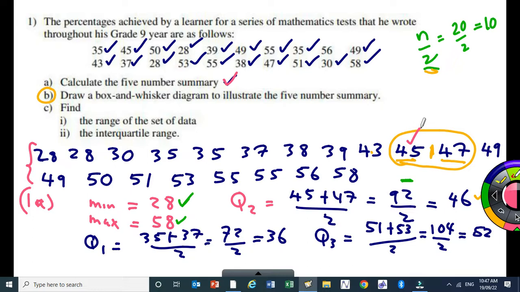Our second half of the data set starts from 47 all the way up to 58. So again, we use n over 2, but now we are putting 10. So 10 over 2 will give you 5. Then you count now, 1, 2, 3, 4, 5. Then the sixth value, you add these two, divide by 2, you will get your Q1.